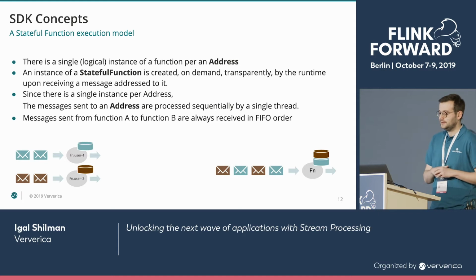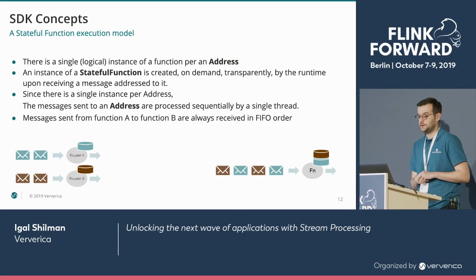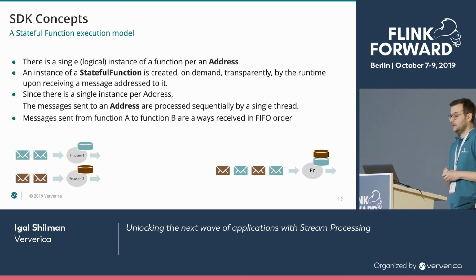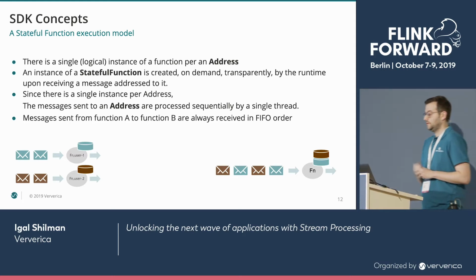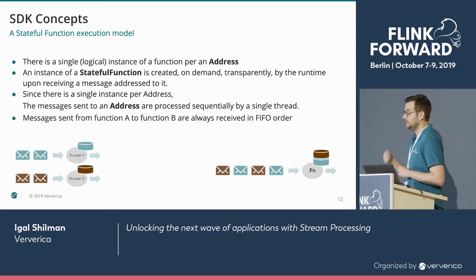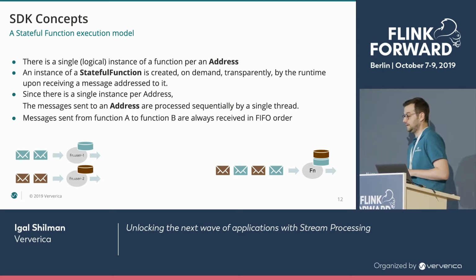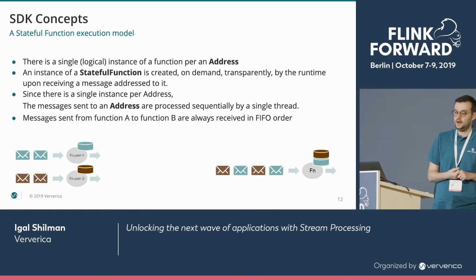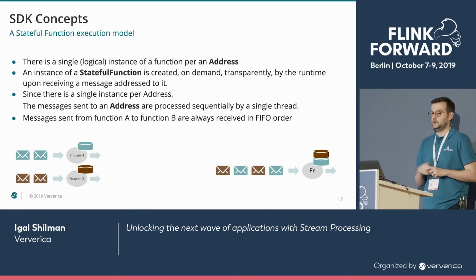So let's spend one moment to talk about the actual execution model here. When I was mentioning that there is a single instance of a stateful function per address, we are really talking about a logical instance.